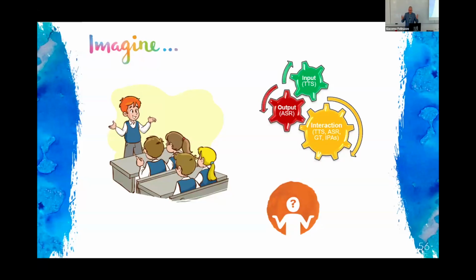So I would like you again to go back to the very same first class that we talked about in the beginning. Imagine those types of constraints that we had, that is limited input, limited output, limited exposure, limited opportunities for interaction. And I would like you to reflect on the technologies that we have discussed so far: TTS, for example, for input, ASR for output, and those types of interactive tools that we looked at for interaction.